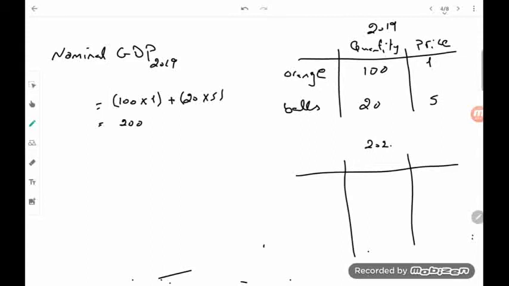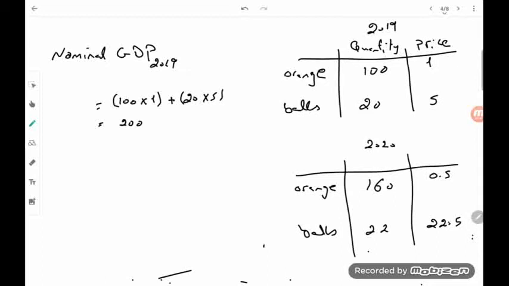If you would like to do the same with respect to year 2020, for example, let's assume that the country produces the same commodities. In this case, the quantity produced of oranges is 160, and the price of each one is 0.5, and balls is 22, and the price is 22.5.